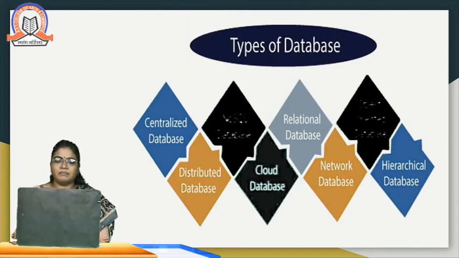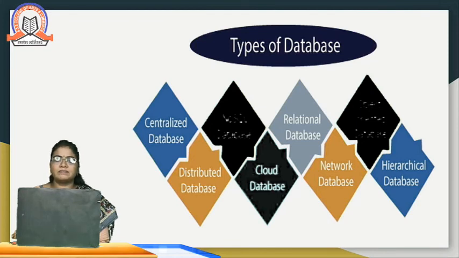Types of databases are: centralized database, distributed database, NoSQL database, cloud database, which is used in many systems now. A cloud database is an internet online database. Then relational database, network database, object oriented database, hierarchical database.